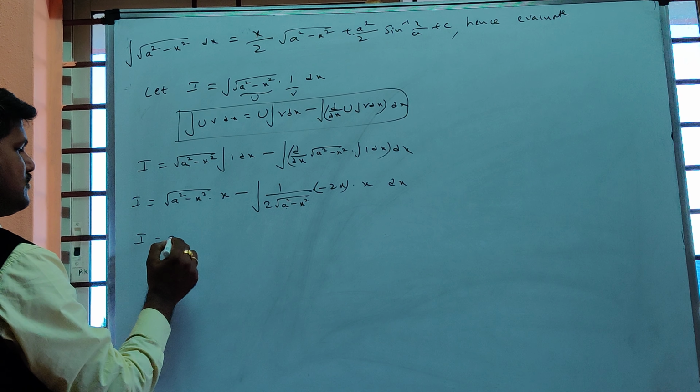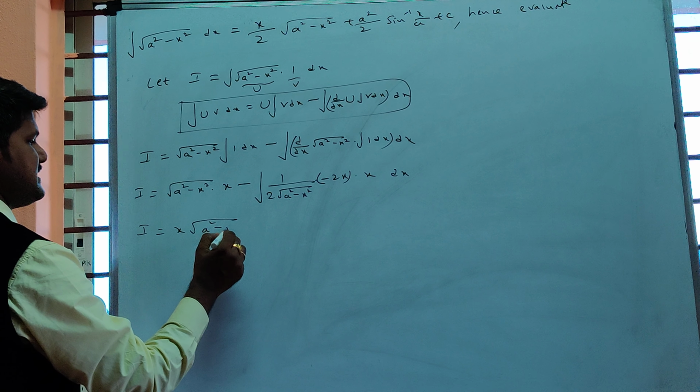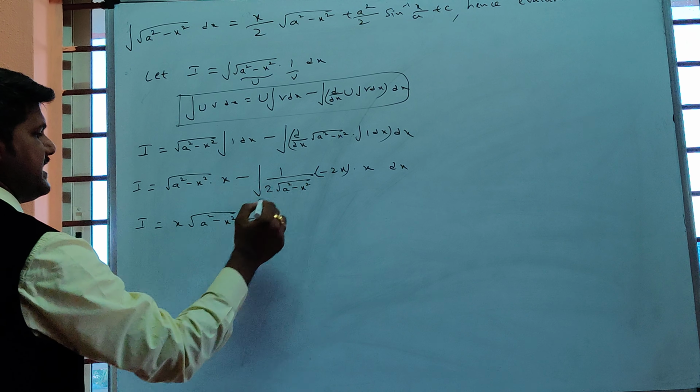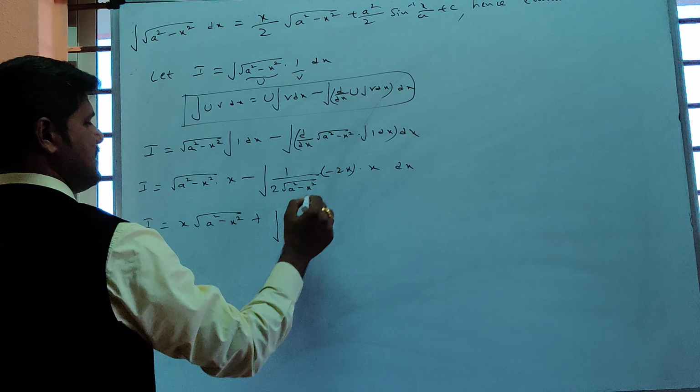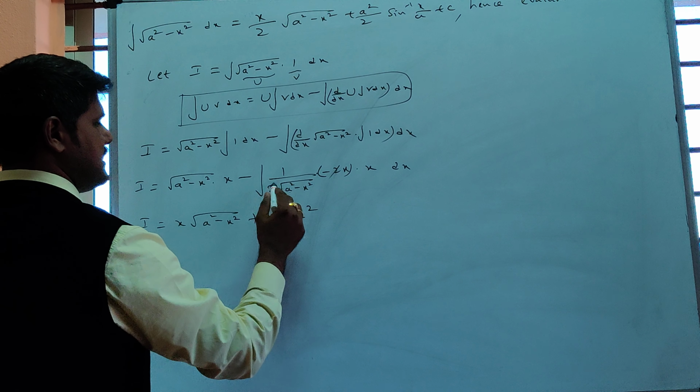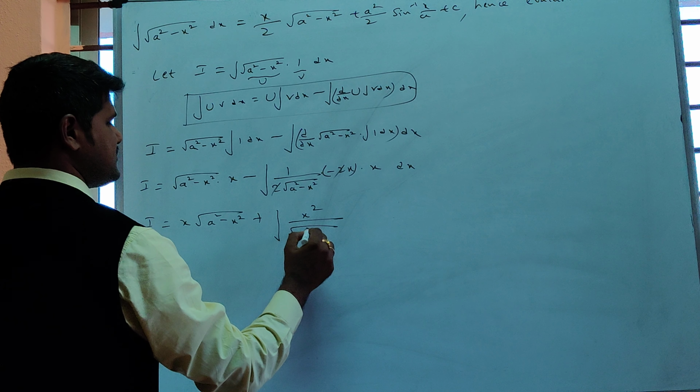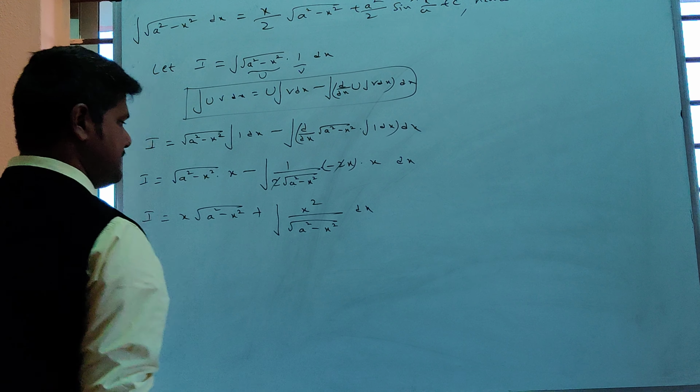I is equal to x root of a square minus x square, minus into minus plus, integral x square, 2 to cancel, by root of a square minus x square dx.